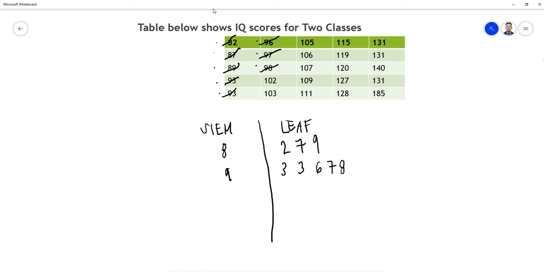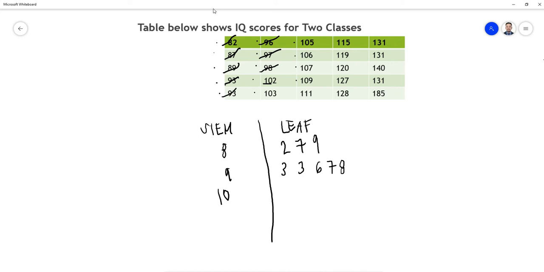For 3-digit numbers, we place the first two digits, or the leftmost digits, in the stem column. So we place 10 here. We have 6 in this category.